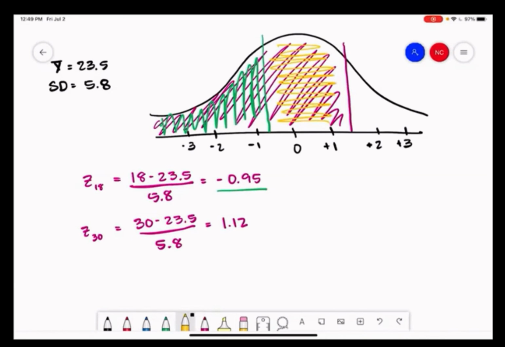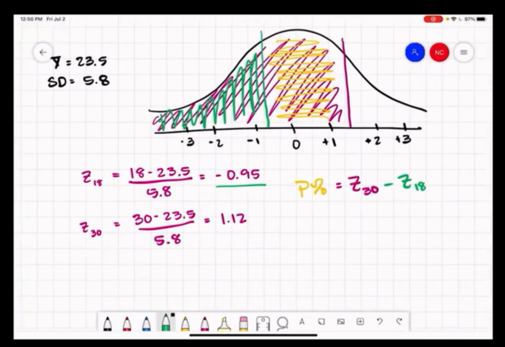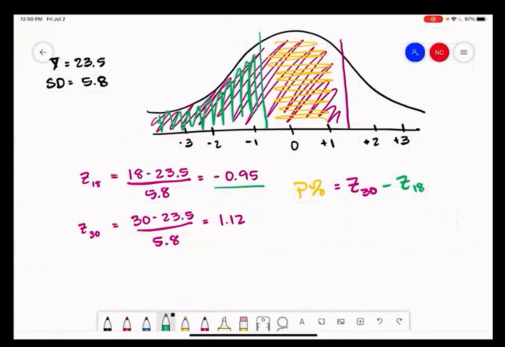Okay, so the percentile or the probability of that yellow portion is going to be equal to the probability we get for the z-score at 30, or for the raw score of 30, minus the percentile that we get for the z-score at 18. So that's kind of our formula that we're working with.